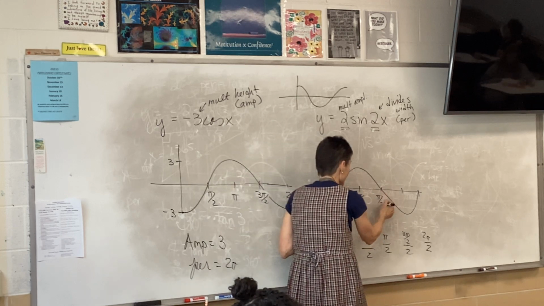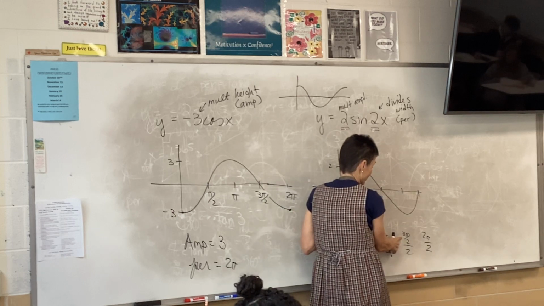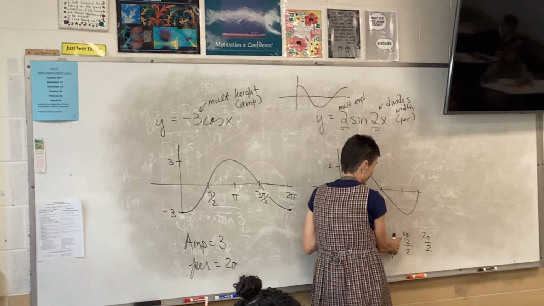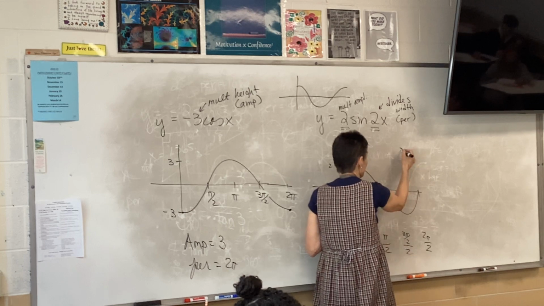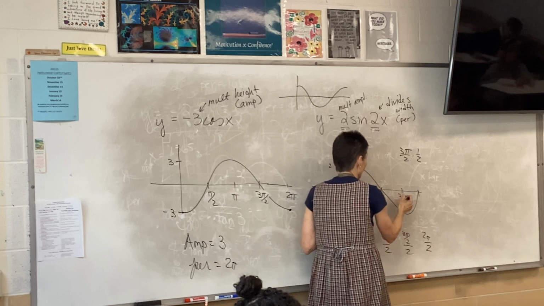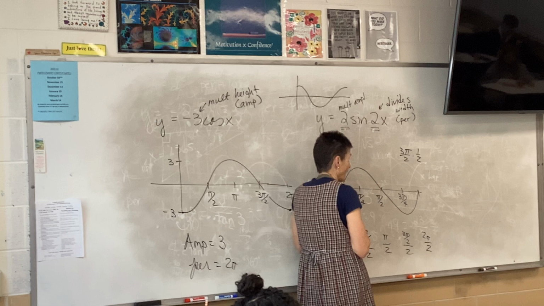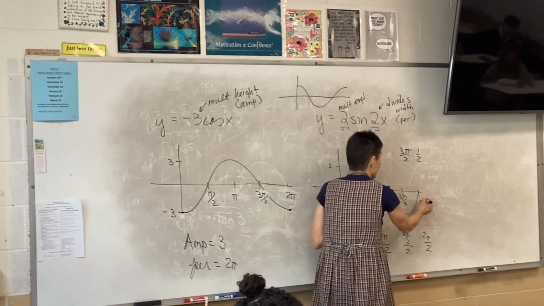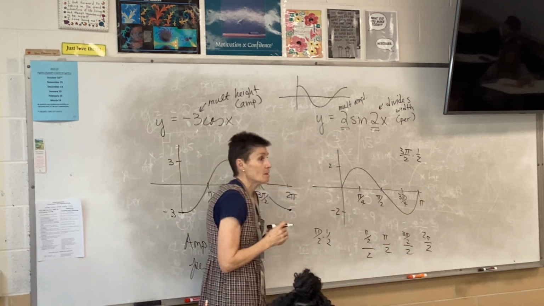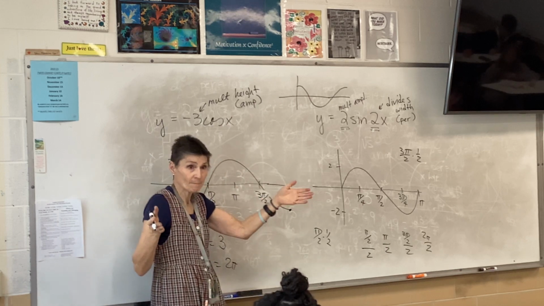This one's pi over 2, that one's pretty obvious. What's this one? It's 3 pi over 2 times 1/2. 3/4 pi. Or 3 pi over 4. 3/4 pi is fine. And then the last one is pi. So the period, remember in the beginning, was 2 pi.